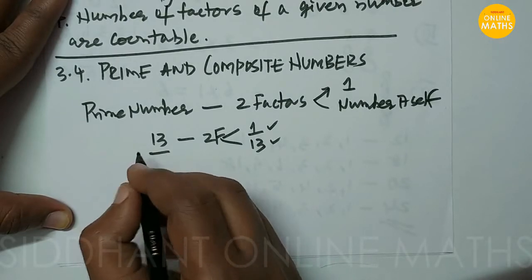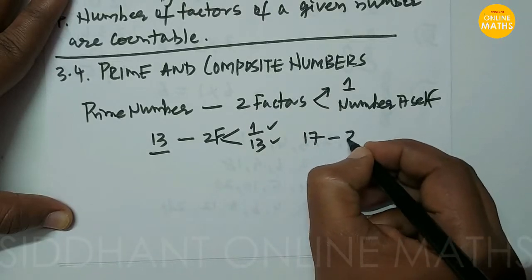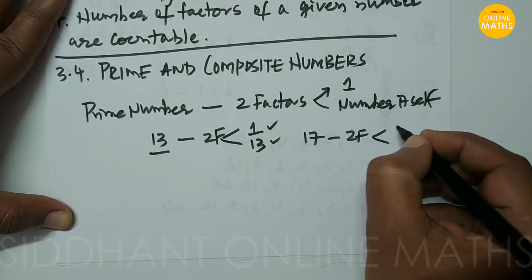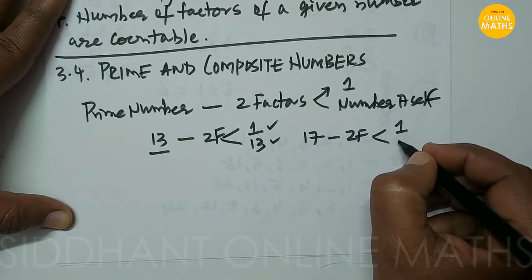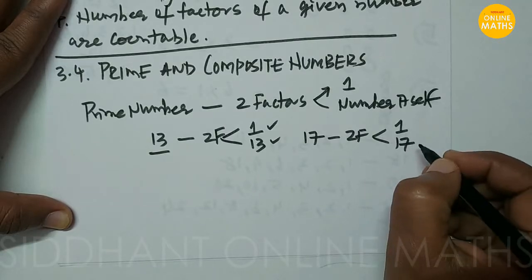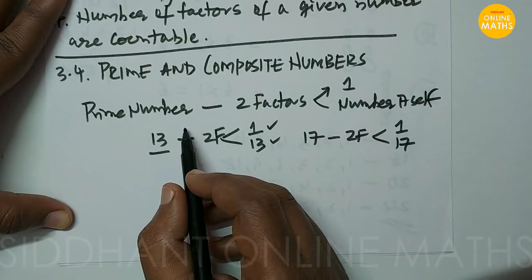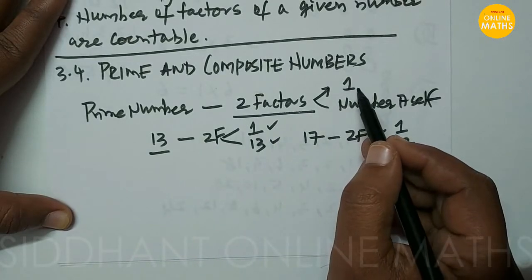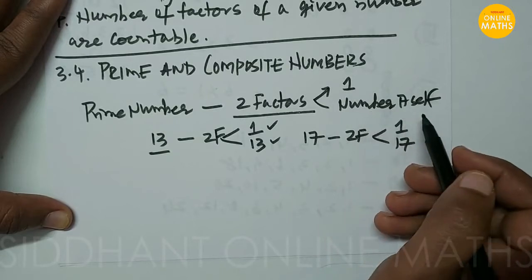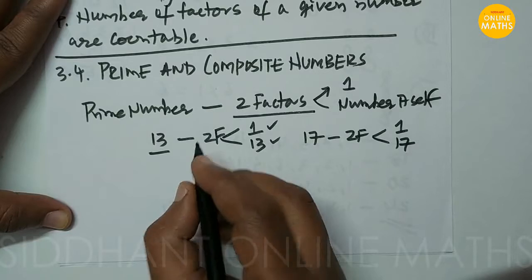In the same way, take 17 here. 17 has 2 factors, one factor is the number 1, and the other factor is the number itself, that is 17. So we can say that when a given number has only two factors, one factor being 1 and the other being the number itself, then the given number is a prime number.